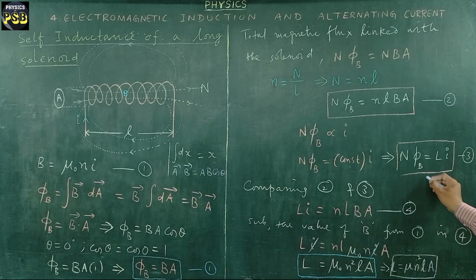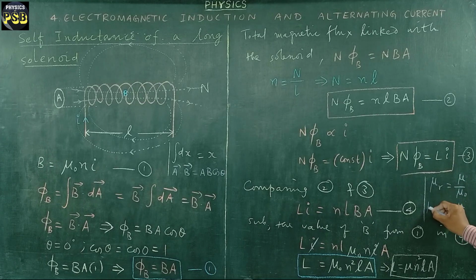Here mu can be written as, we know, relative permeability is the ratio of mu and mu naught. From this, mu is equal to the product of mu naught and mu r. So in the place of mu I can write this.